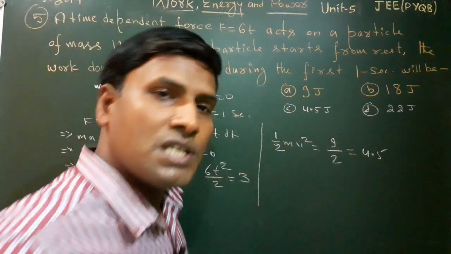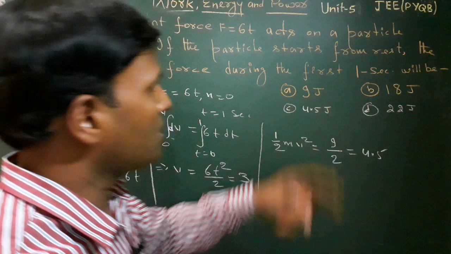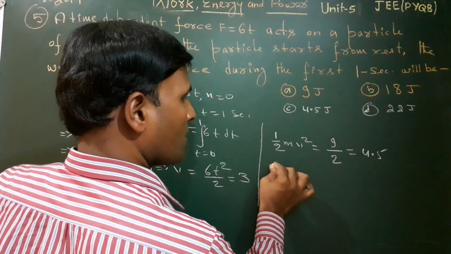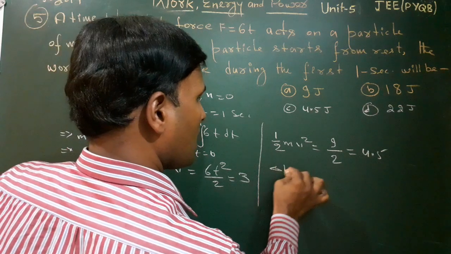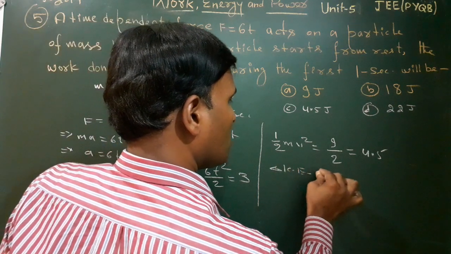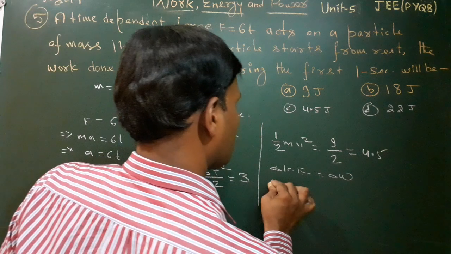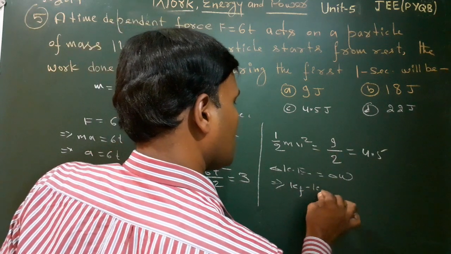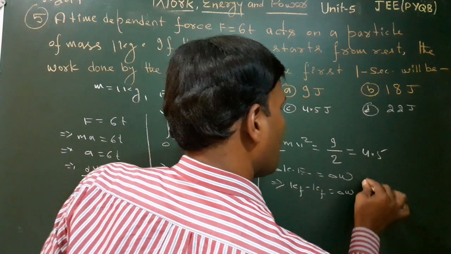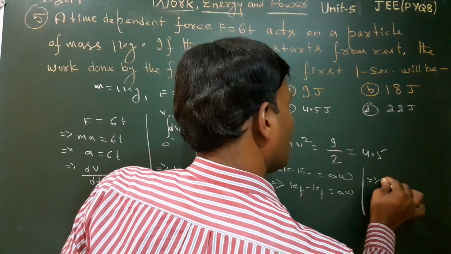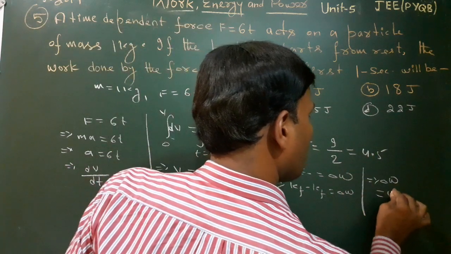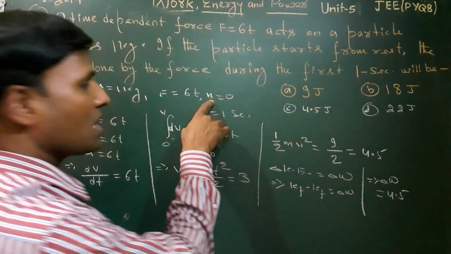Now apply the work energy theorem, because we need to calculate the work done by all the resultant forces. The work energy theorem says delta KE must be equal to the work done by all forces. Delta KE means Kf minus Ki, that is delta W, so delta W is Kf, the final kinetic energy, minus Ki. Ki is 0 because the initial speed is 0.